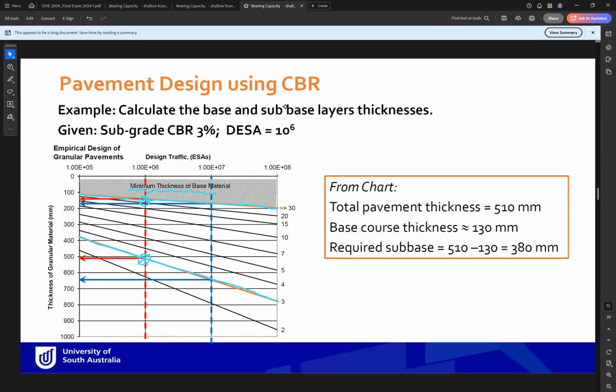At this point, I will go with a straight line like this. So this will be my base thickness. So at point 1, minimum base thickness. At point 2, if you go straight, this will be the sub-base thickness.